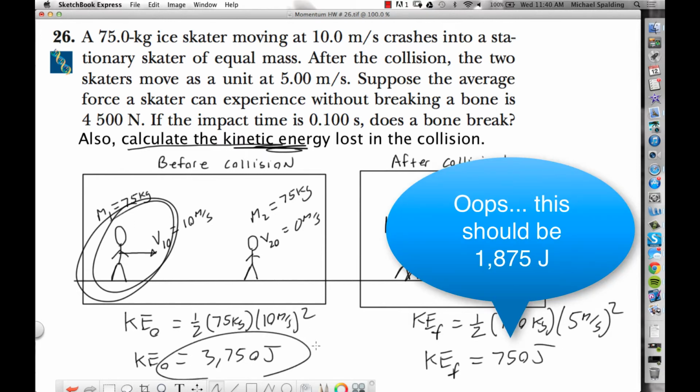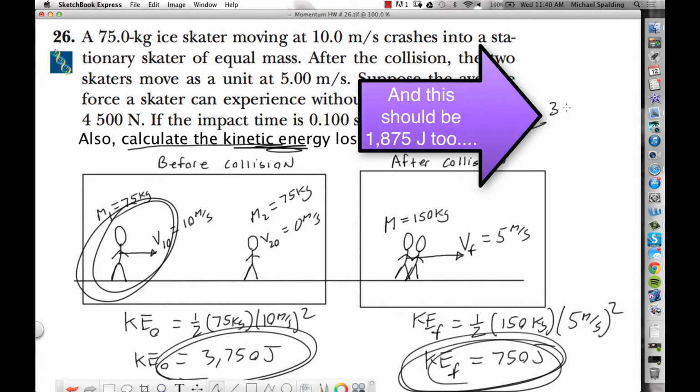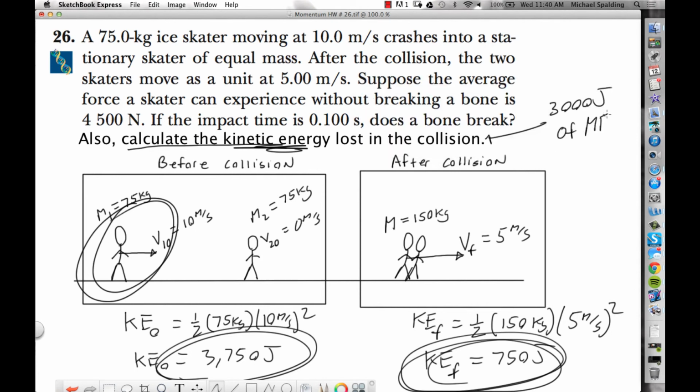We started with this much. We end with that much. How much did we lose in the collision? 3,000 joules of mechanical energy lost, which in other words, is kinetic energy. The mechanical energy here is kinetic. All right? Okay.